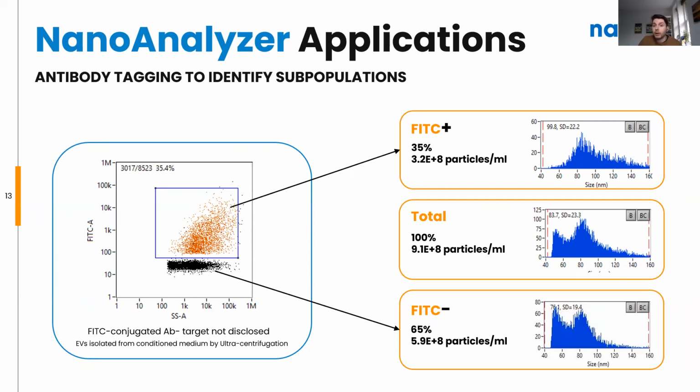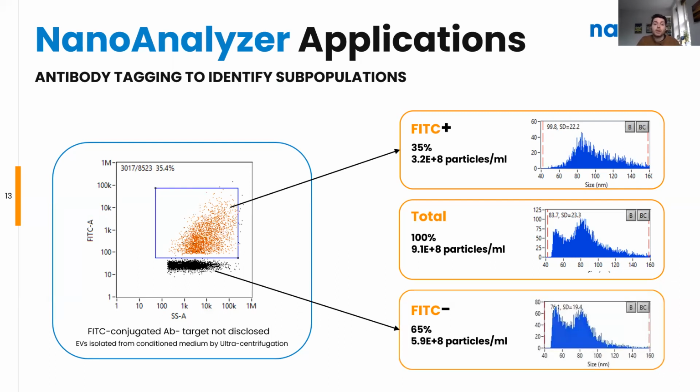We have a small and a large population. When we separate out the fluorescent from non-fluorescent populations, we see that the fluorescently tagged particles, or EVs in this case, are only found in this larger size population, around the 80 to 100 nanometer size range, mostly.